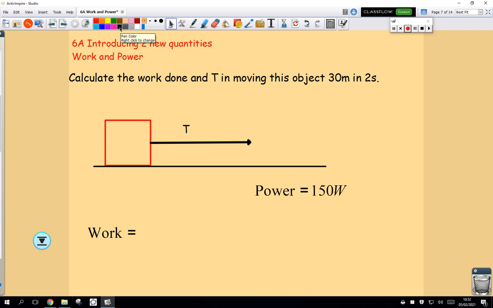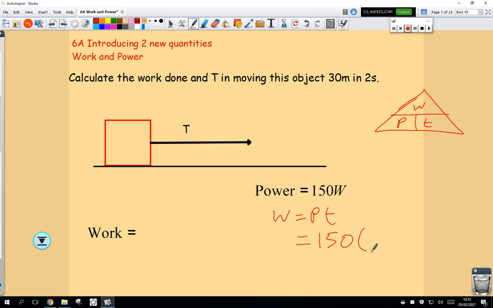And power is defined as being the work done divided by time taken. So the work can be defined as the power multiplied by the time taken. In this case, the power is 150 watts. The time taken is 2 seconds. So the work done is 300 joules.